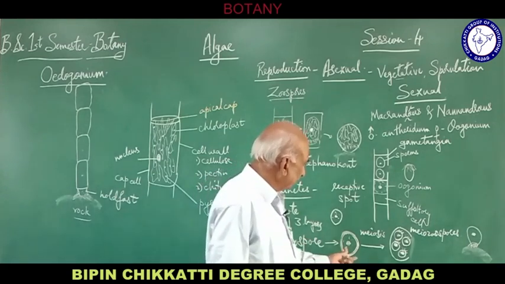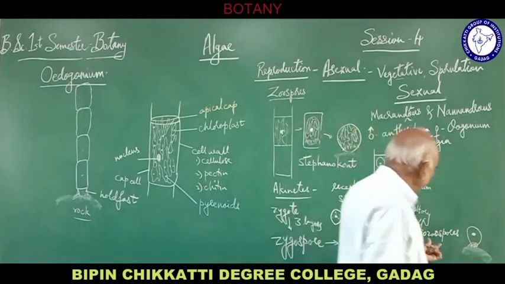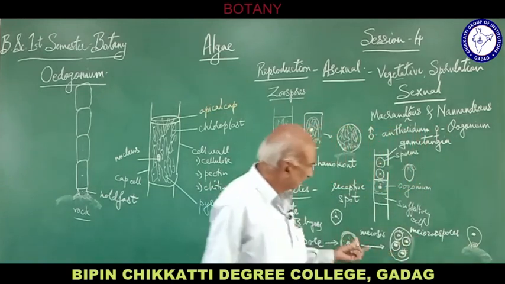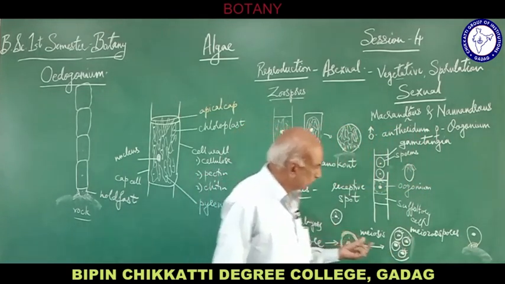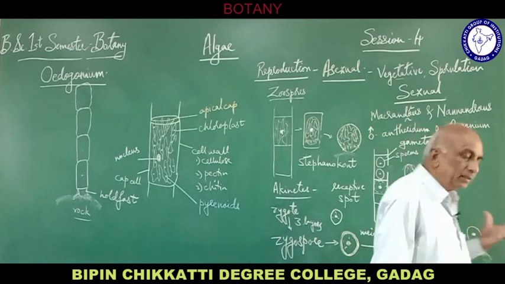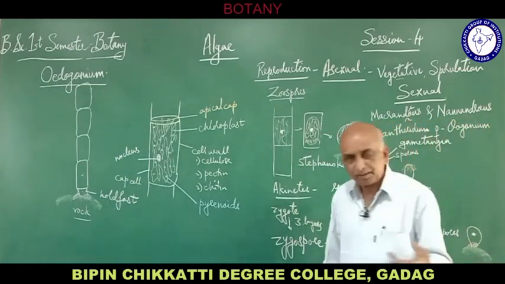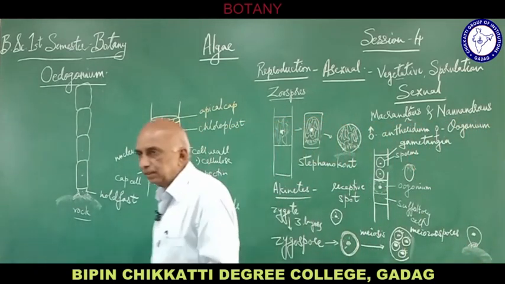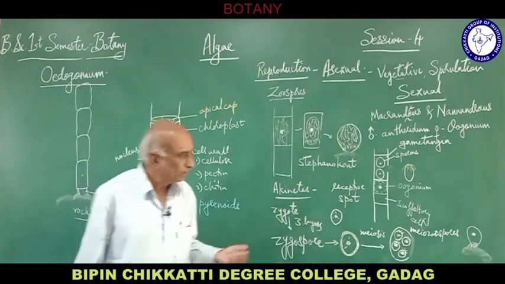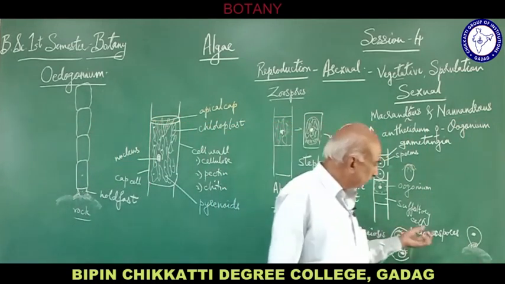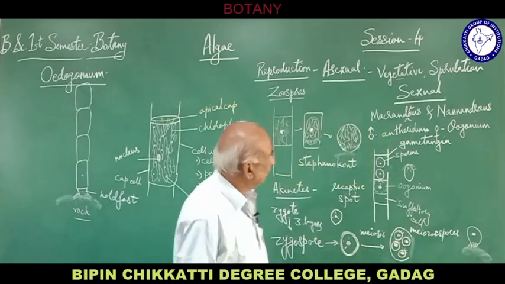The zygospore produces 4 meiospores by meiosis, and each meiospore is released. They are multiflagellated and swim freely in the water, and then they get attached to the hard substratum and develop into a new filament.